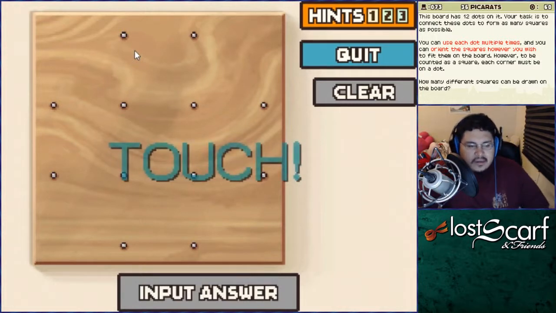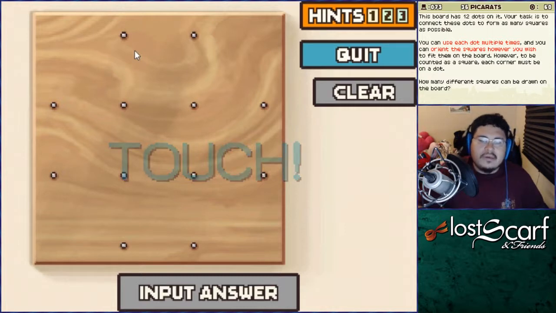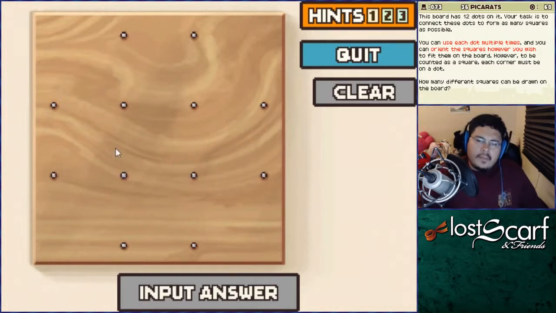Yeah, orient the squares. Each corner must be in a dot. How many squares can be drawn on the board? Okay. That would be a rectangle.